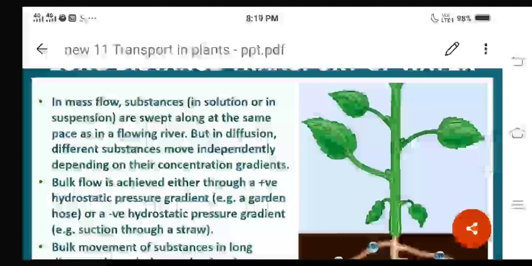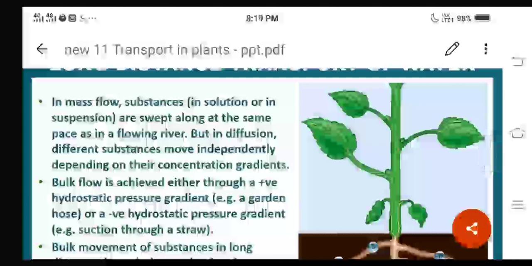In that jar, we can understand there is the development of positive hydrostatic pressure, right? And even in plants, there is the development of negative hydrostatic pressure gradient. For this one also we can give one example. What is the example given here? Suction through a straw. This is an example of negative hydrostatic pressure.